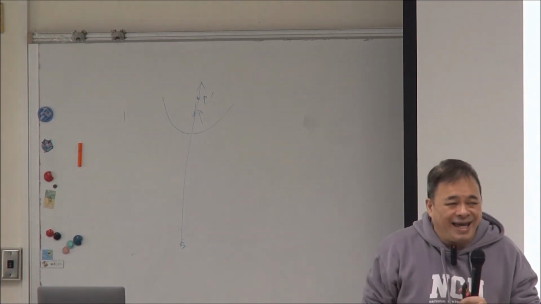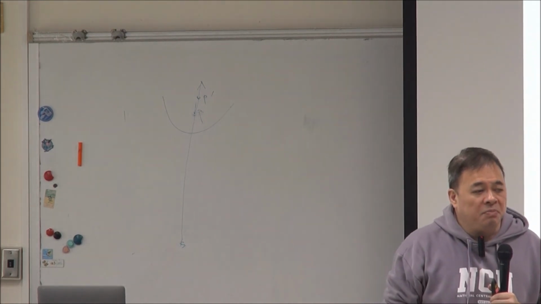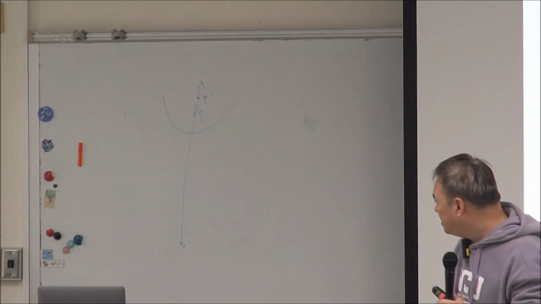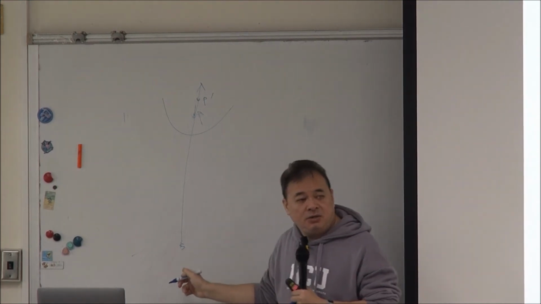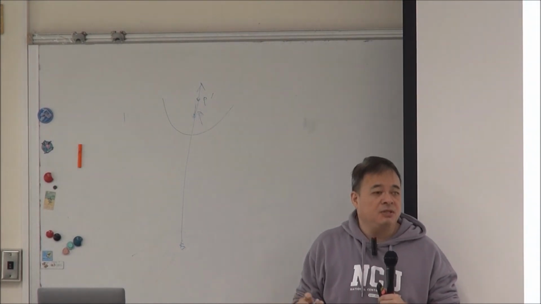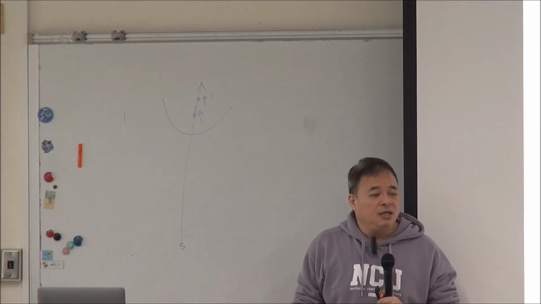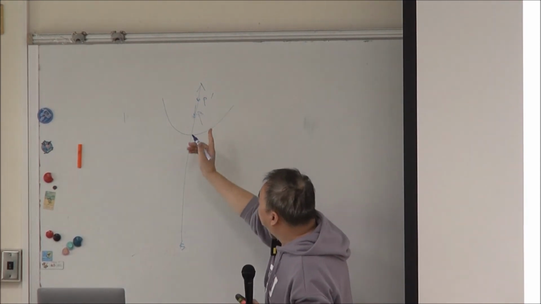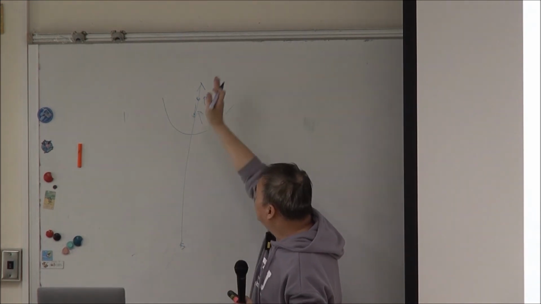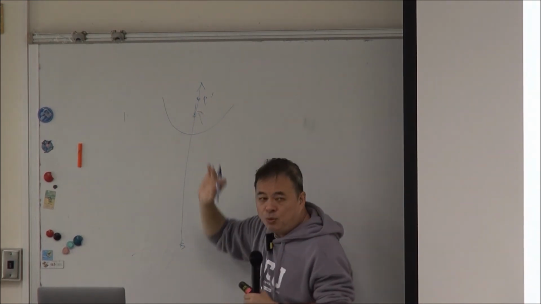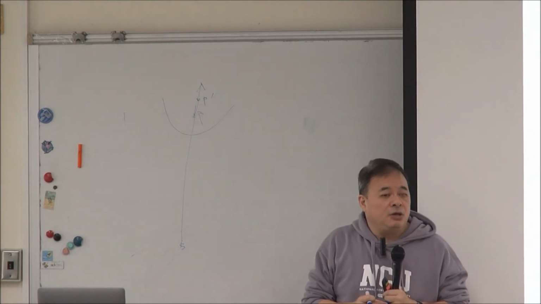P prime has to belong to the cell of F. In other words, P prime, the extension of FP, any point in this extension will belong to this cell as well.